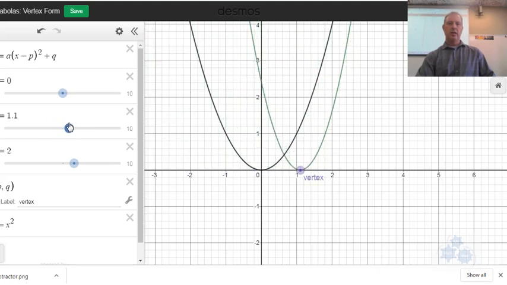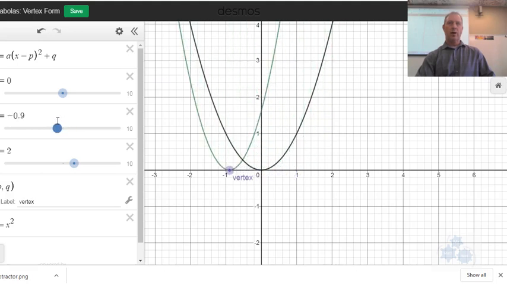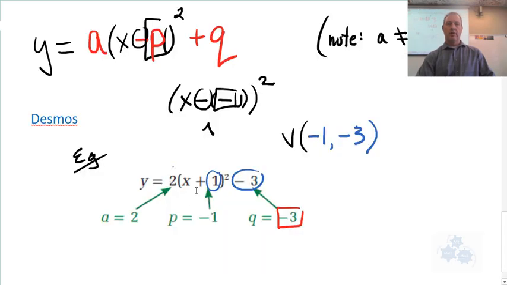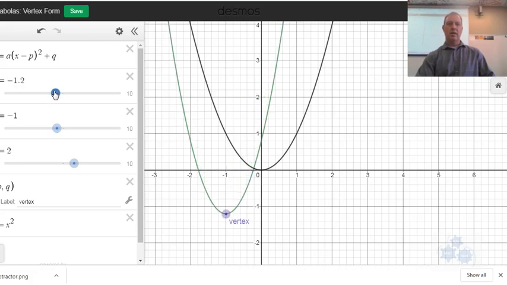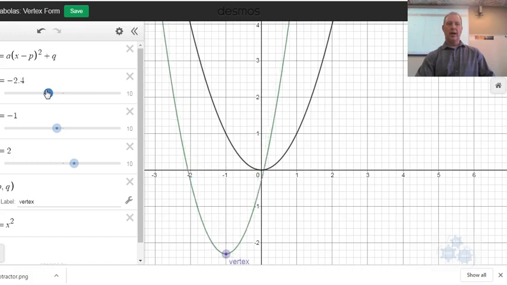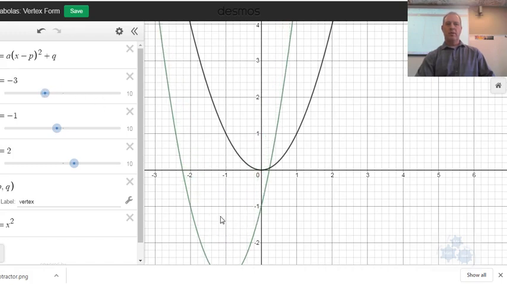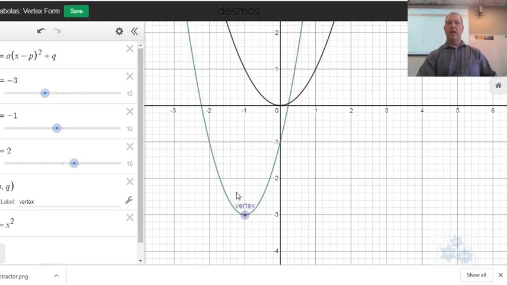So p is -1, and then the q is -3. Notice when I move the q, there's the vertex. So this is y equals 2 times (x plus 1) all squared minus 3.